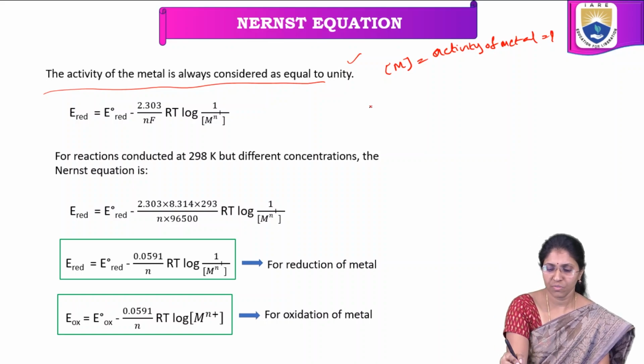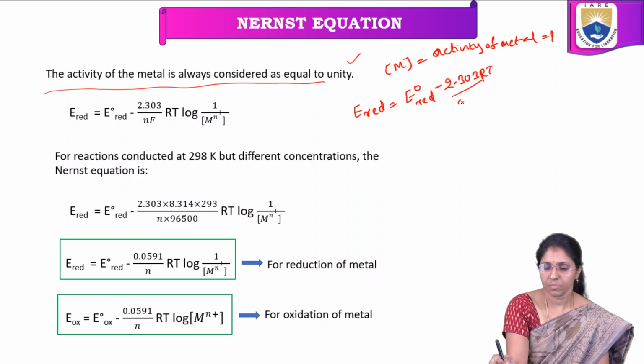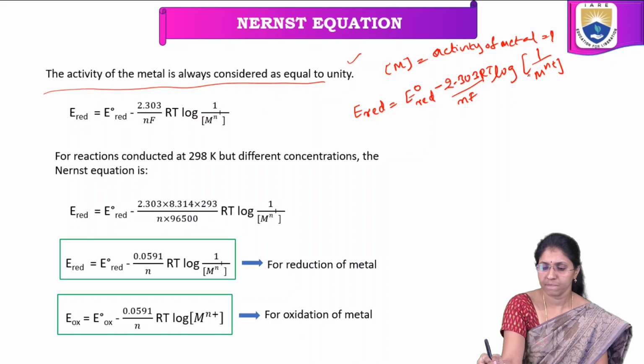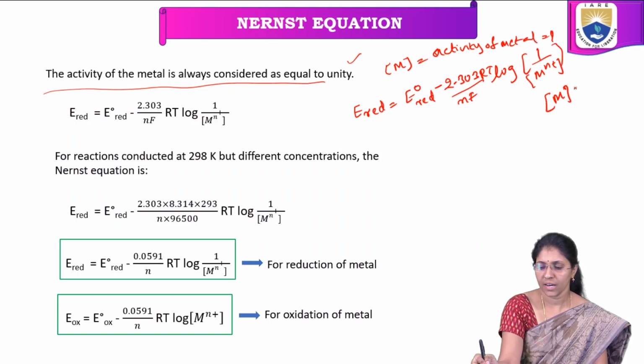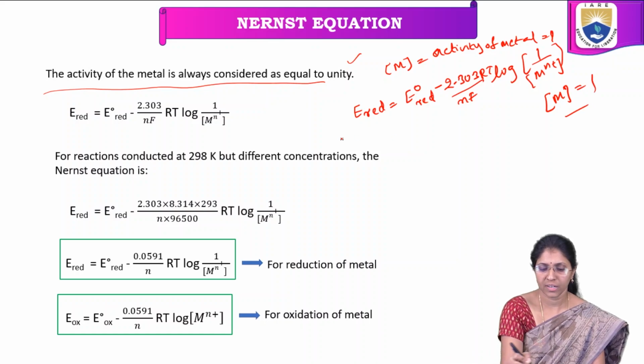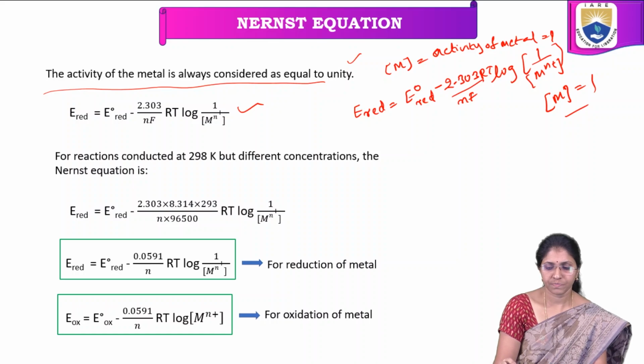If we substitute this value, we get E reduction equals E naught reduction minus 2.303 RT by nF log 1 by concentration of metal ion. So that's why we get this equation.